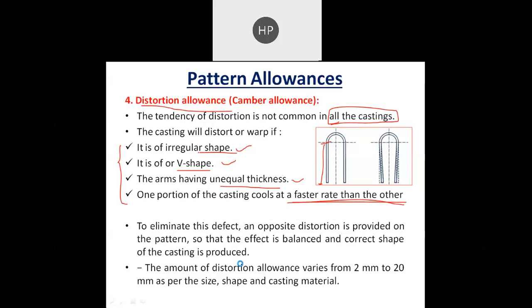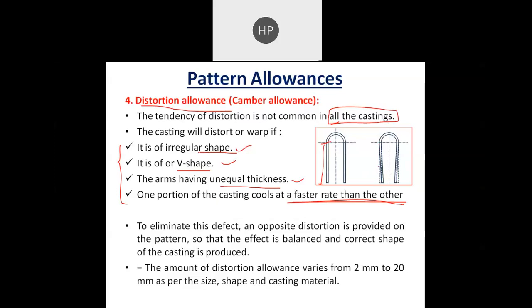Simply, if you want to get this U shape, and you make exactly a U like this and then do the casting, then after warping, after this distortion, you will get the object which is over here. You can see the continuous line.